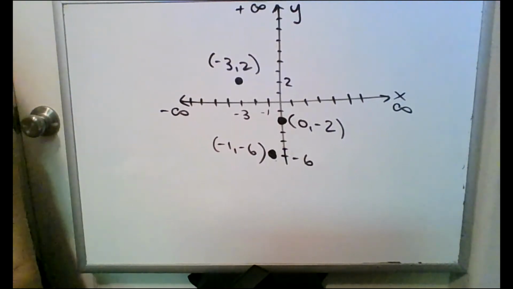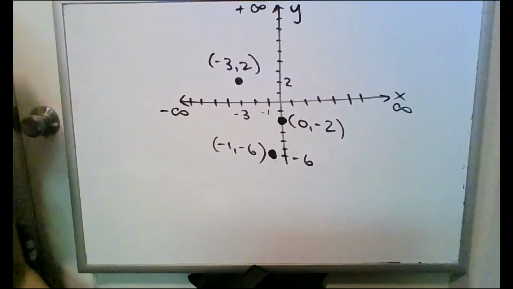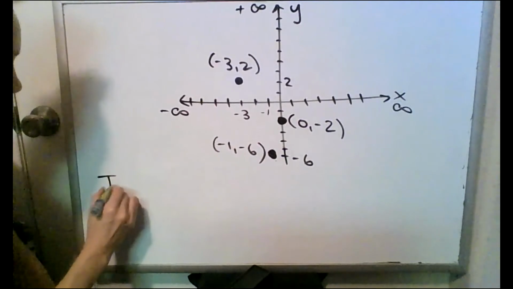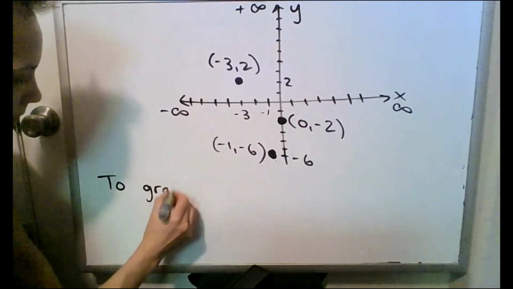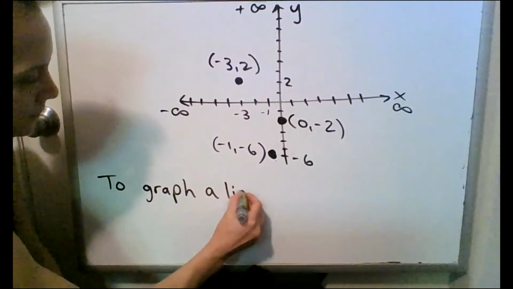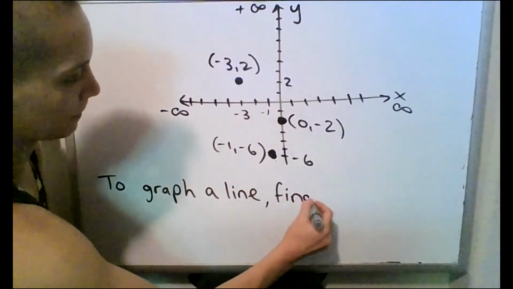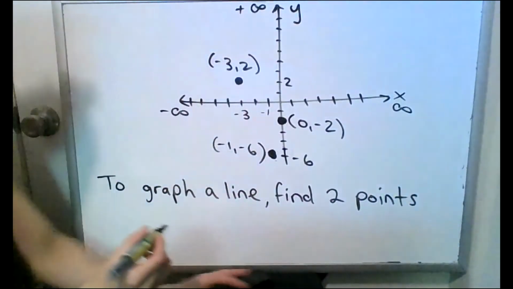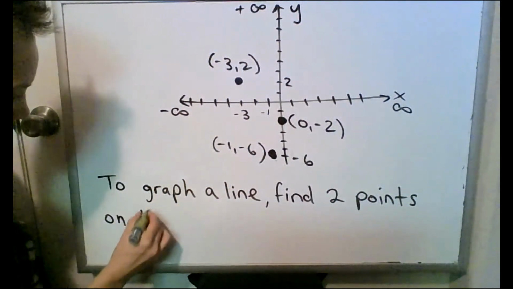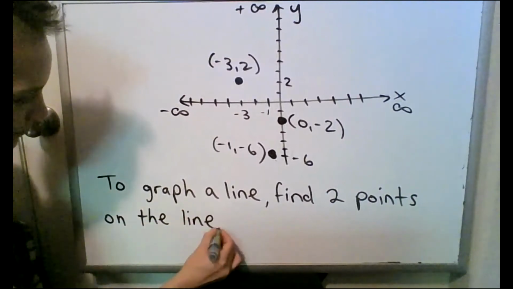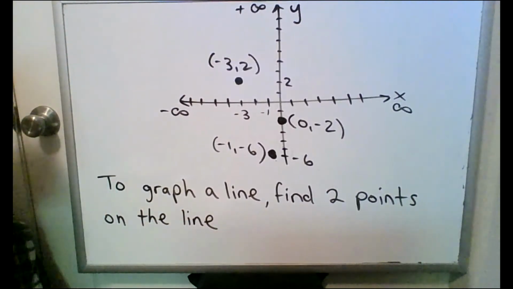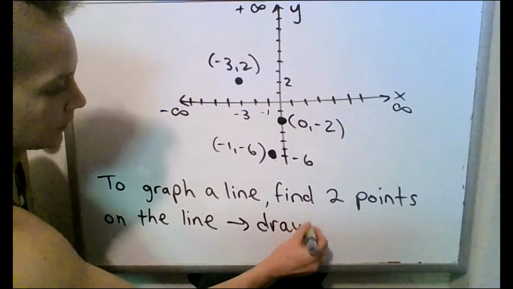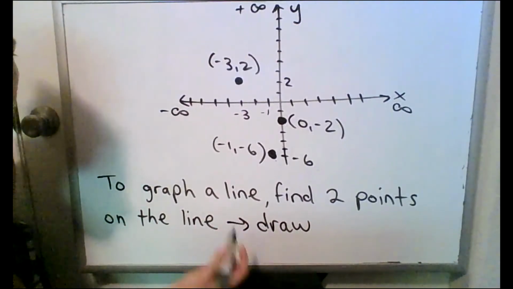And let's do the graph of a line. So to graph a line, you need 2 points, and then you can draw the line through those 2 points. Okay, and then draw a straight line through those points.